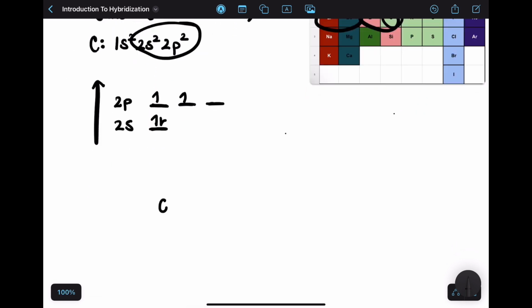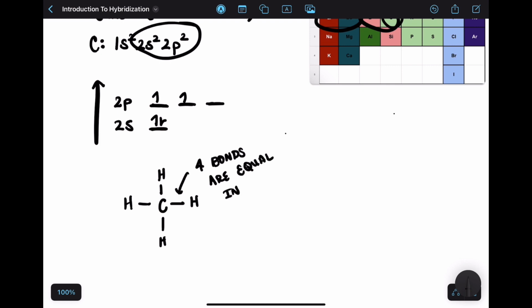But we know something about carbon that's found out through techniques like X-ray diffraction, that these 4 bonds are essentially equal in energy. However, this model does not suggest that. Why?